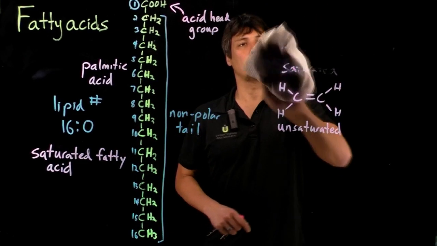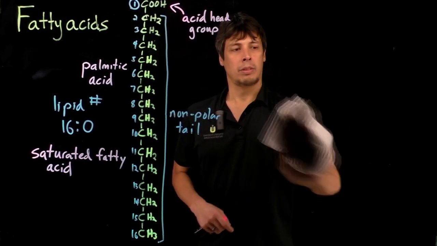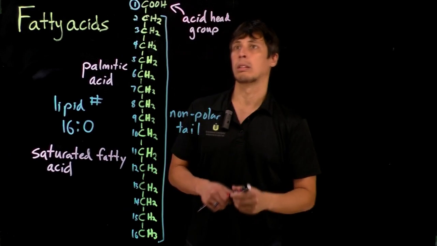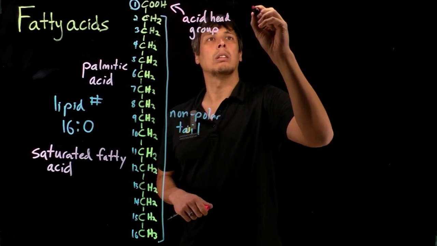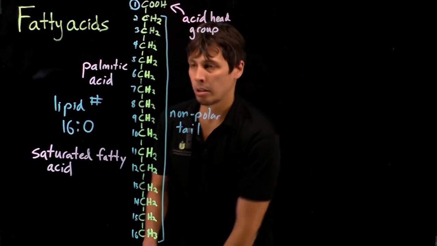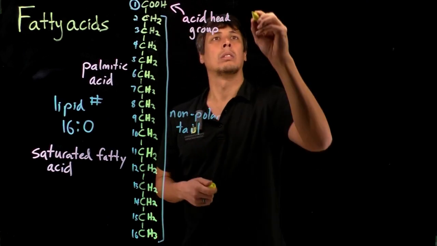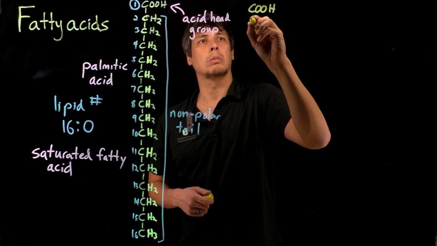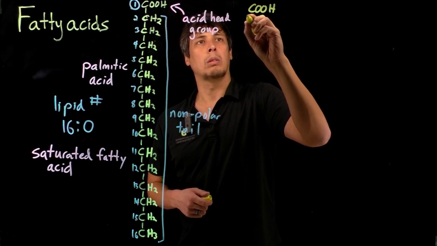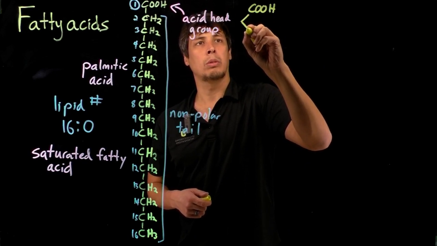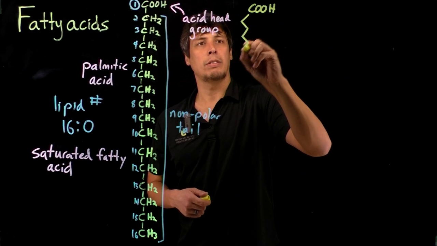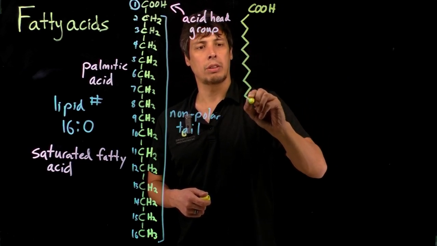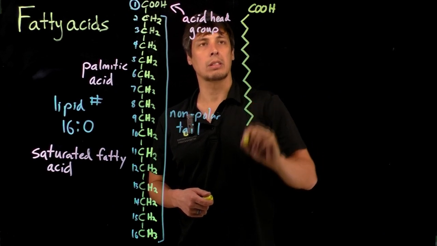So we can also draw our fatty acids using line notation. COOH, that's our 1 carbon, 1, 2, 3, 4, 5, 6, 7, 8, 9, 10, 11, 12, 13, 14, 15, 16.